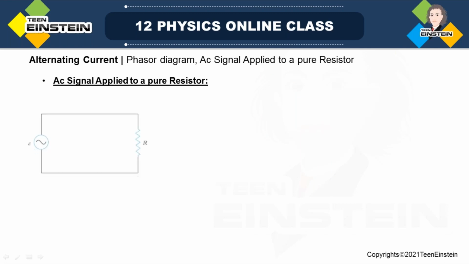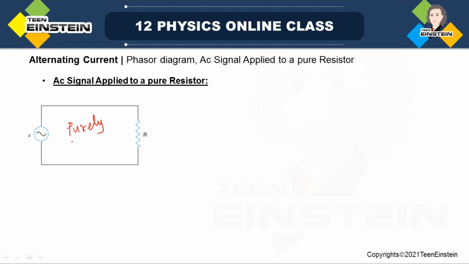Then we are just sending an AC signal in this circuit where I have only a resistor and there is nothing else in the circuit. So this kind of circuit is actually called a purely resistive circuit, or pure resistor circuit.